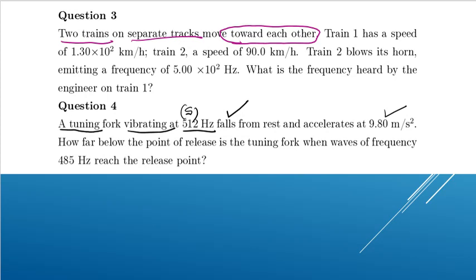How far below the point of release is the tuning fork? We imagine that the point of release is going to be the observer. So it's very simple if you imagine in those ways. It becomes very, very much easy.